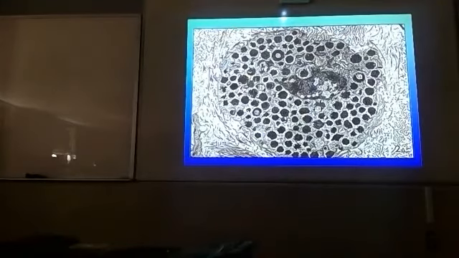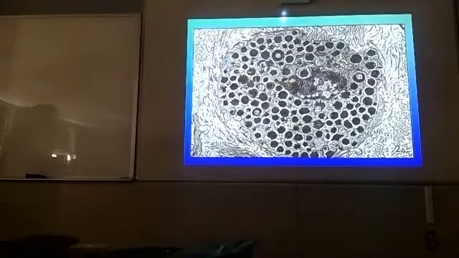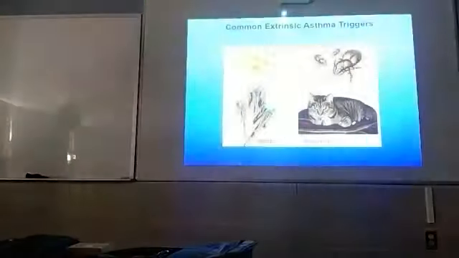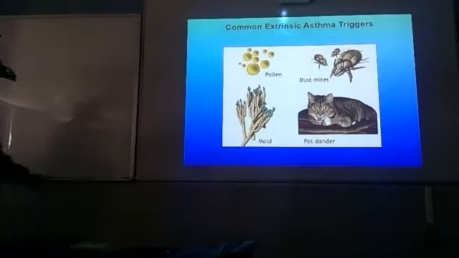Now, very often people with extrinsic asthma have sensitivity to some common types of antigens. It seems that most extrinsic asthmatic patients are sensitive to common antigens that they're exposed to. Here are some common ones.